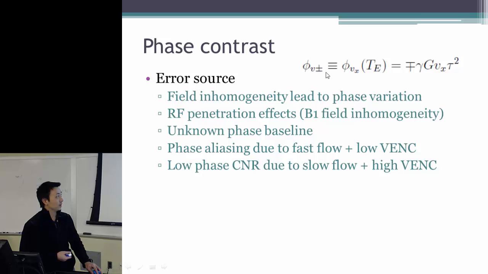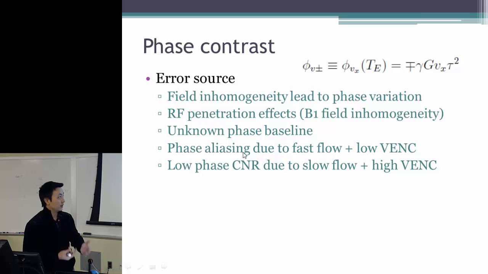So the phase we get would actually have another unknown baseline term here. If we do not know them, it is difficult for us to correctly estimate the velocity.